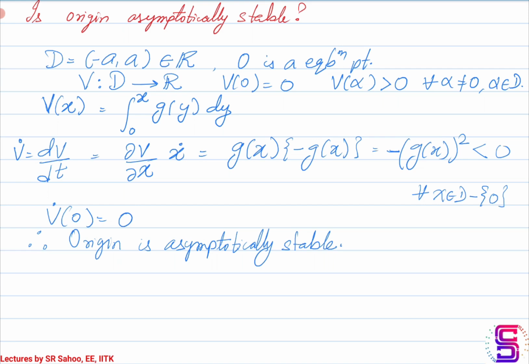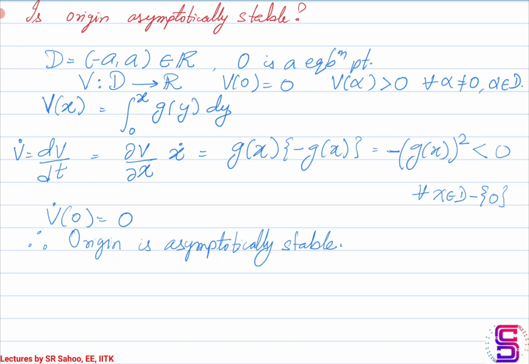It does not say anything beyond that. If you find a positive definite V but V dot turns out to be sign indefinite, you cannot conclude anything about the stability.